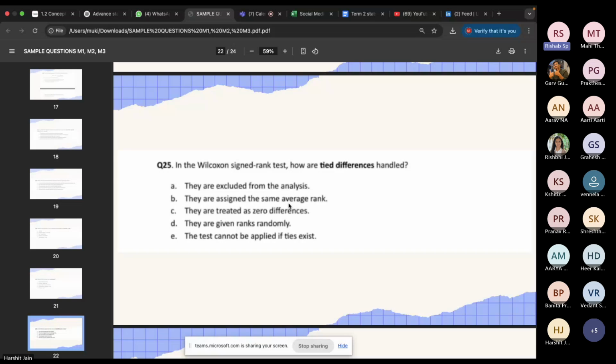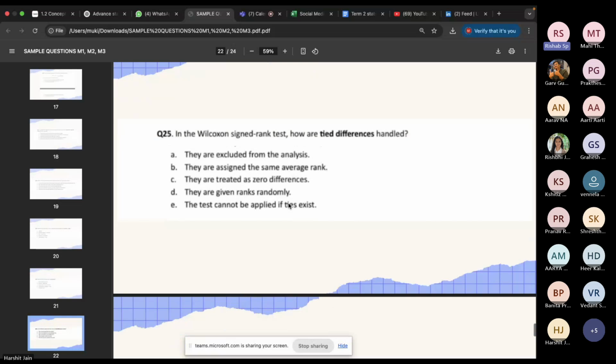B. No, not B. What we did, we got 24 minus 24 is equal to 0. We did not consider it. Exactly. They are excluded from the analysis. Correct. Right. Fine. Next question, Ashik.